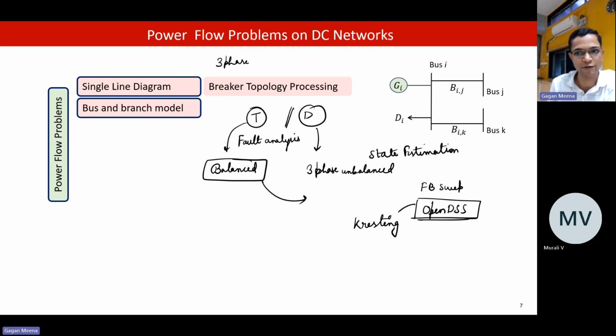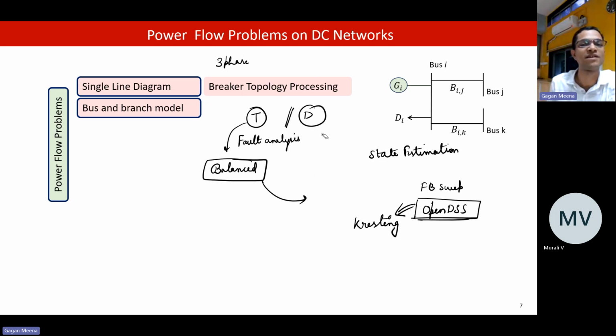They have used this book for developing that software: entire three-phase unbalanced distribution system with transformer connections and circuit breakers, even switches, capacitor banks, everything we can model. Everything can be done. So that's the main difference here.